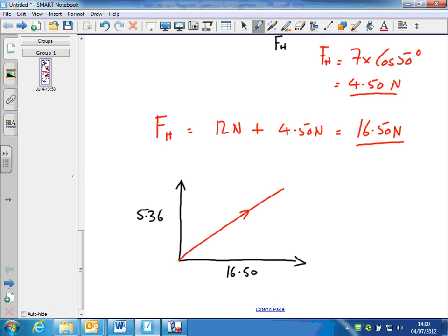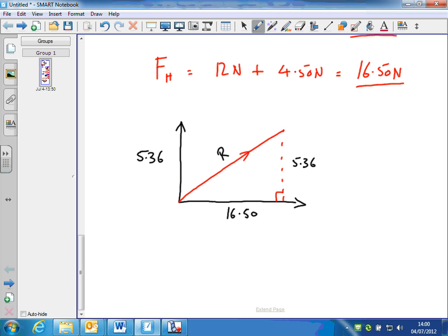And so completing the right angle triangle, this side here will be 5.36. And so we can now use Pythagoras to find the value of the resultant. And we can use trigonometry to find the angle theta.